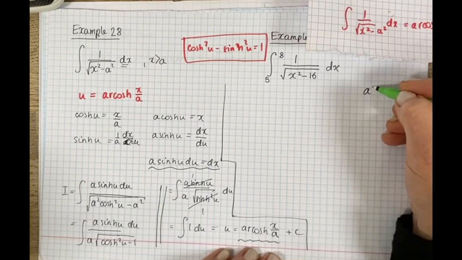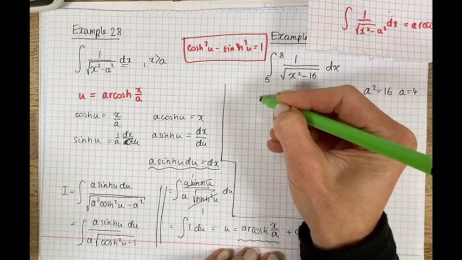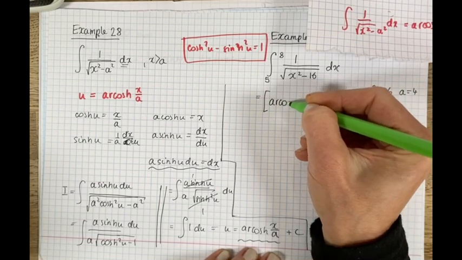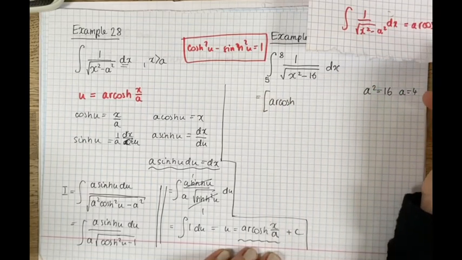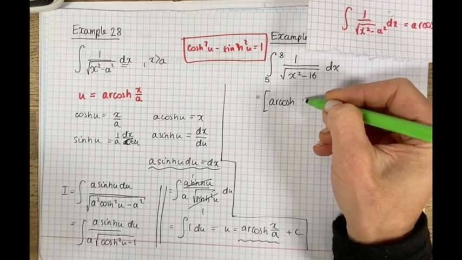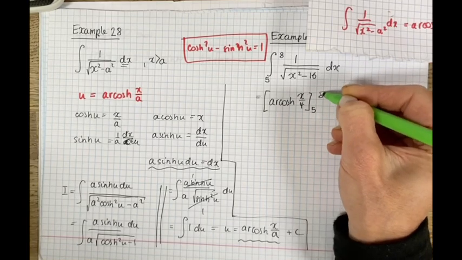So your a squared here is 16, giving a equal to 4. You can just state the result. It's going to be arcosh of x over 4, and the limits are 5 and 8.